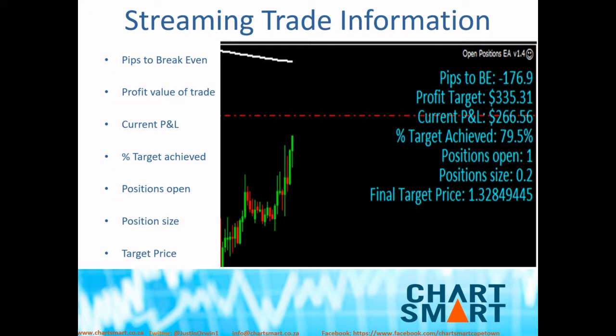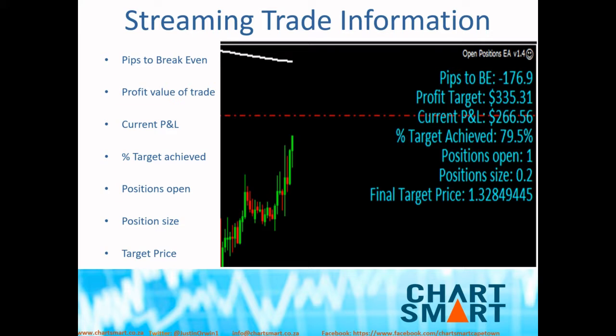Now, on the converse, if the trade does move against you using this trade manager, it'll display a positive number there, maybe 10, 20, 30 pips, and will tell you exactly how many pips it's going to take you to get back to break even. It's a very powerful contextual line to tell you exactly where you are in relation to your open position.